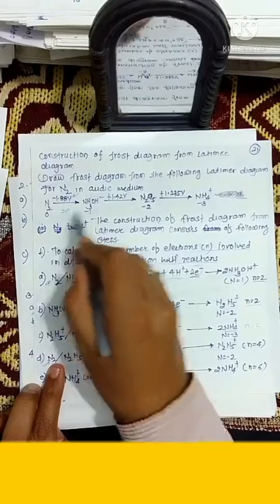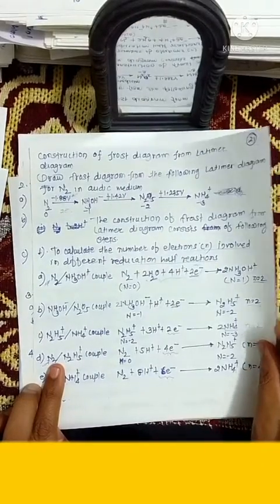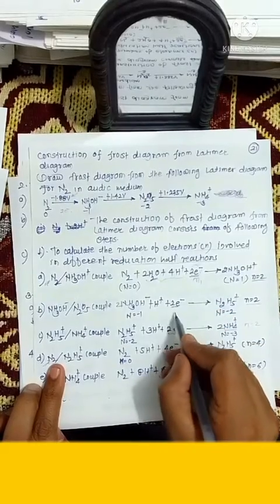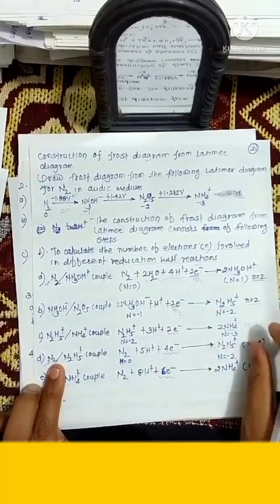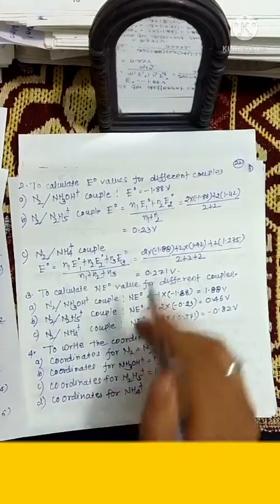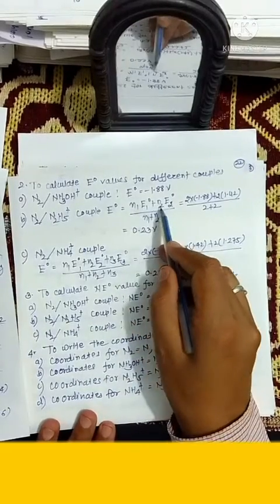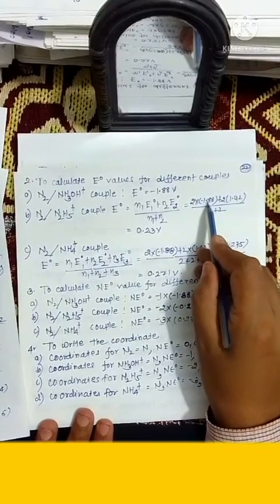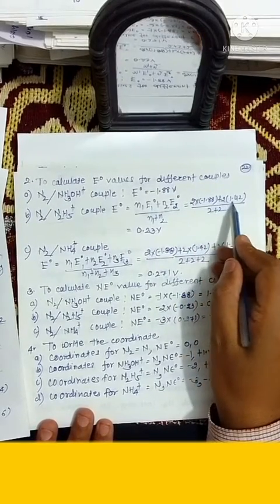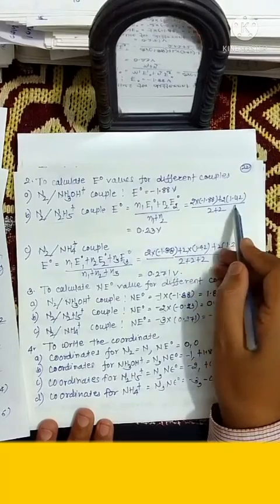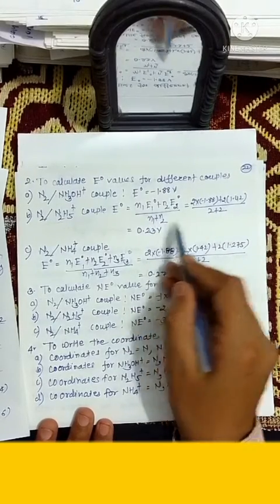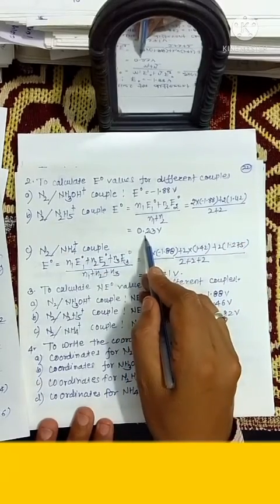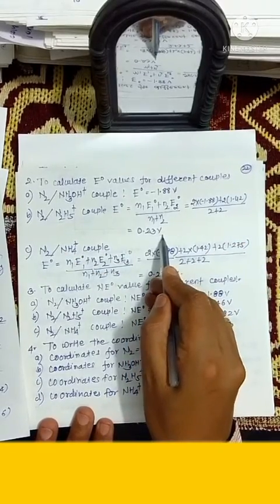So the n1 value is 2, the n2 value is also 2. So n1 E1 0 plus n2 E2 0, 2 multiplied by minus 1.88 plus 2 multiplied by 1.42, divided by n1 plus n2, that is basically 4. So for this couple it is minus 0.23 volt.